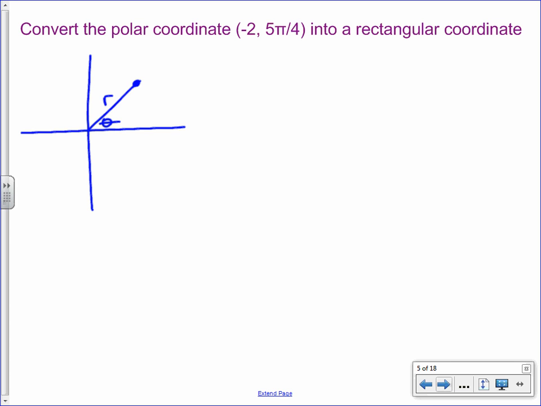Whatever that coordinate is, that is what each of those variables is representing. So the equations that we can make from this: x equals r cosine theta, and y equals r sine theta.